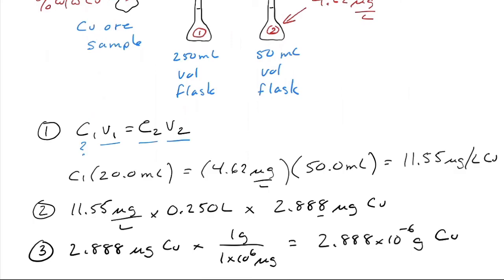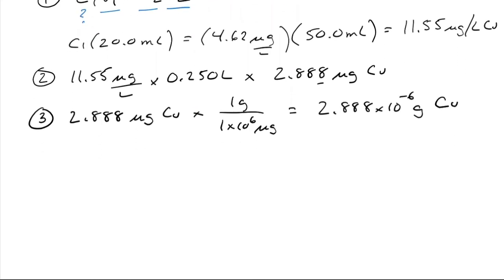So now we know how many grams of copper are in flask 1, and remember, since we put the copper ore into the flask 1, all of the copper that was in our ore sample is going to be in flask 1. So that's how many grams of copper there are. Now we have to figure out the percent by weight in the copper ore.